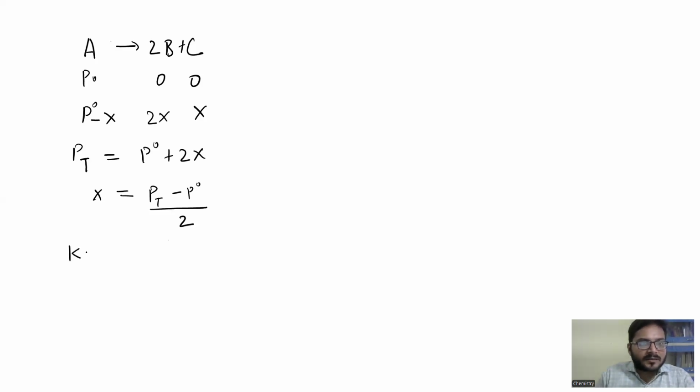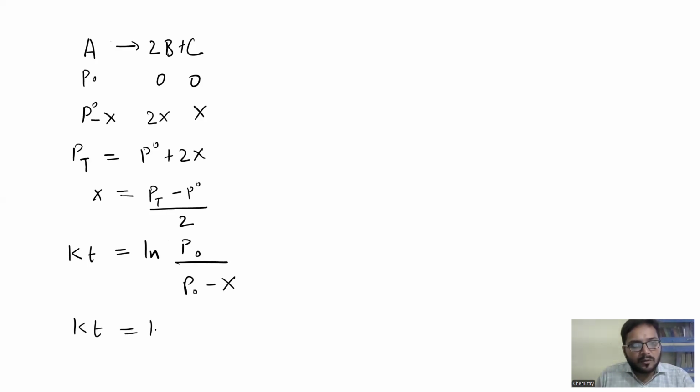If we derive the expression, Kt is equal to ln A naught by A naught minus X, that is P naught by P naught minus X. Finally, it becomes Kt is equal to ln P naught by P naught minus (P total minus P naught) by 2. So 2 will come over here and 2 will come over here.